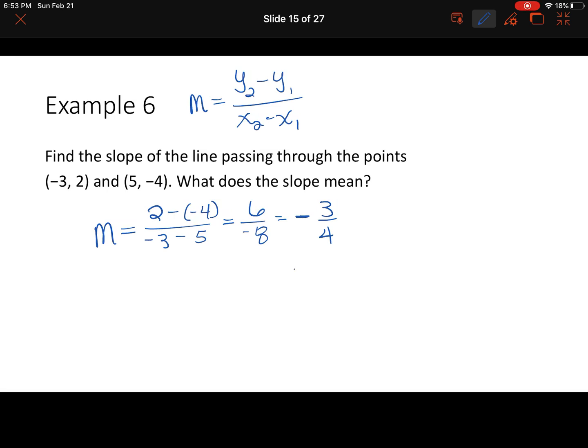For every 4 changes in x, y changes by negative 3.